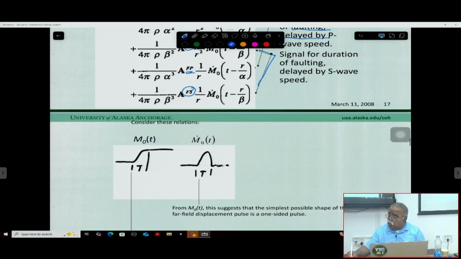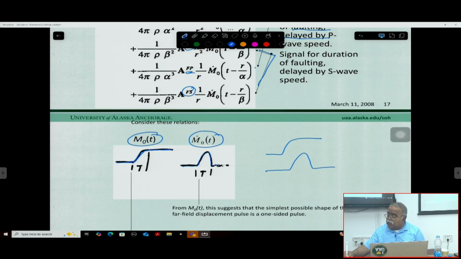So if the moment function equals a function like this, right? If I take the M dot t, then it becomes a function like this. So if we take the M dot t, it will be like this, right?